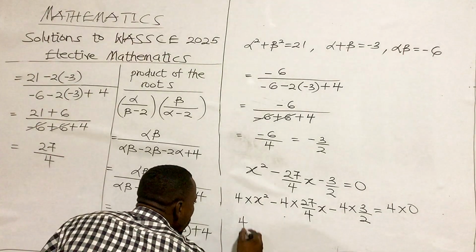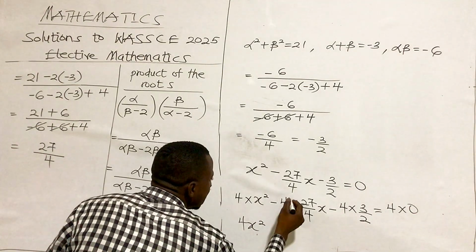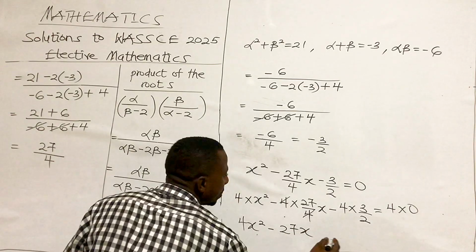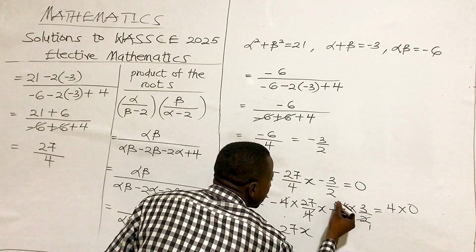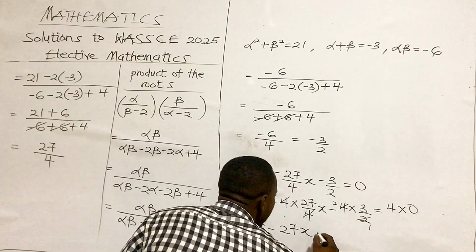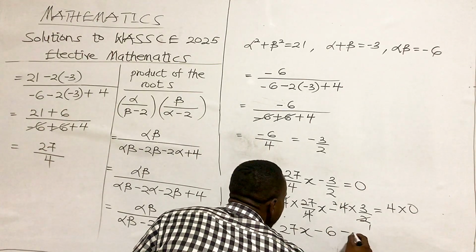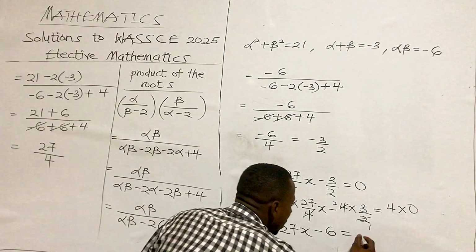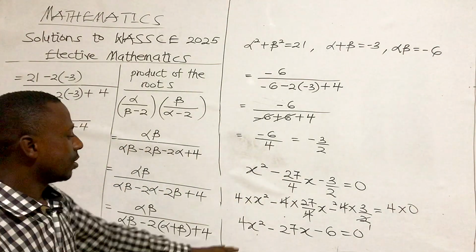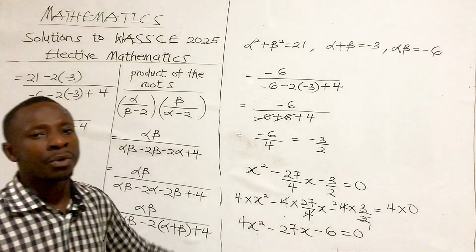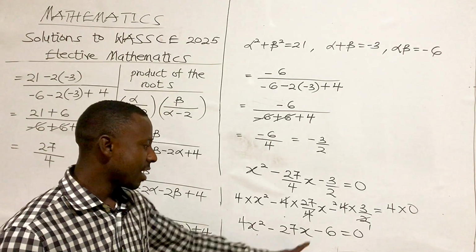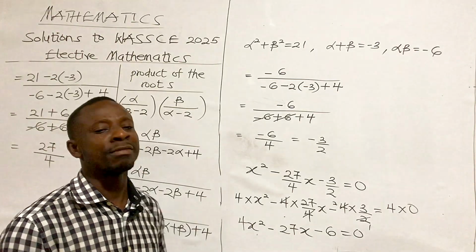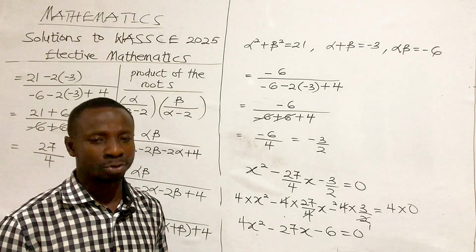So from here we have 4x squared. This can take up this, minus 27x. 2 goes here 1, 2 goes here 2. So we have minus 6 is equal to 4 times 0. We still have 0. So the equation is going to be 4x squared minus 27x minus 6 is equal to 0. And this will be the final answer for question 2.